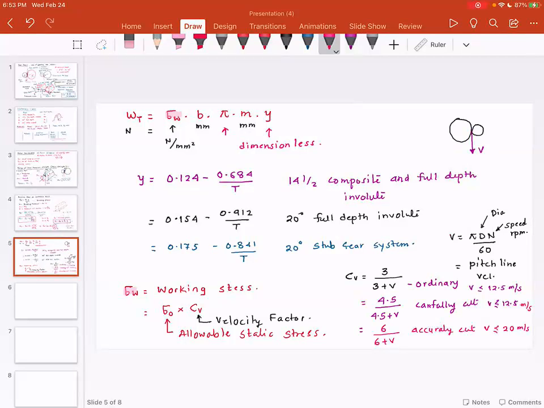And in certain cases, if you are going to use plastic gears or some sort of non-metallic gears, CV is given as 0.75 divided by 1 plus v, plus 0.25 for non-metallic.